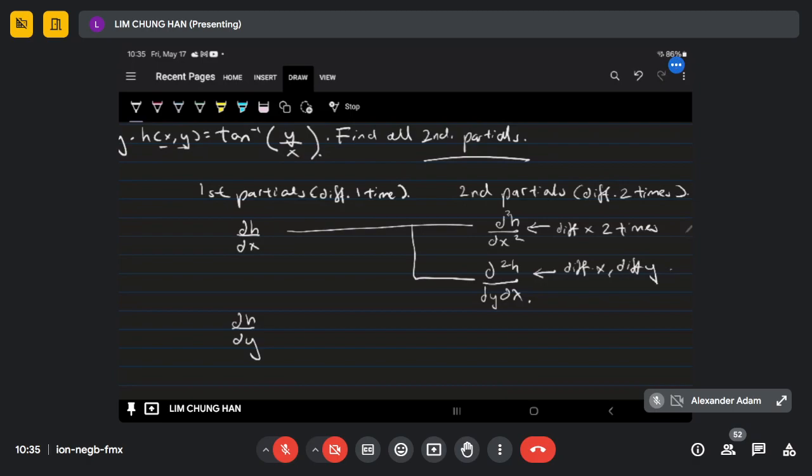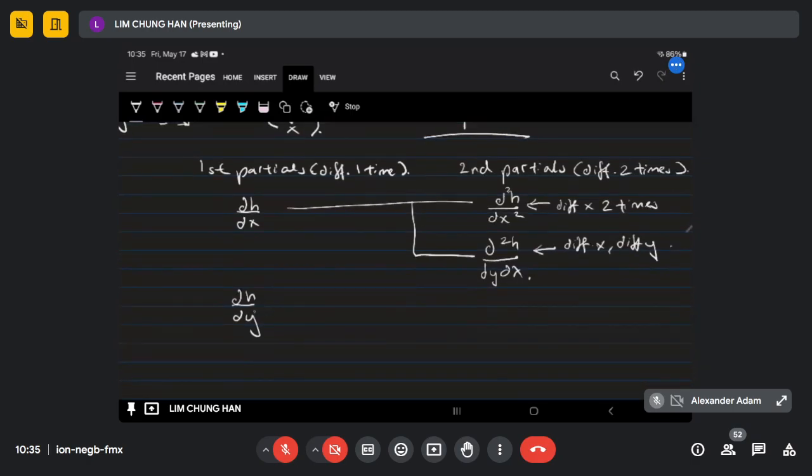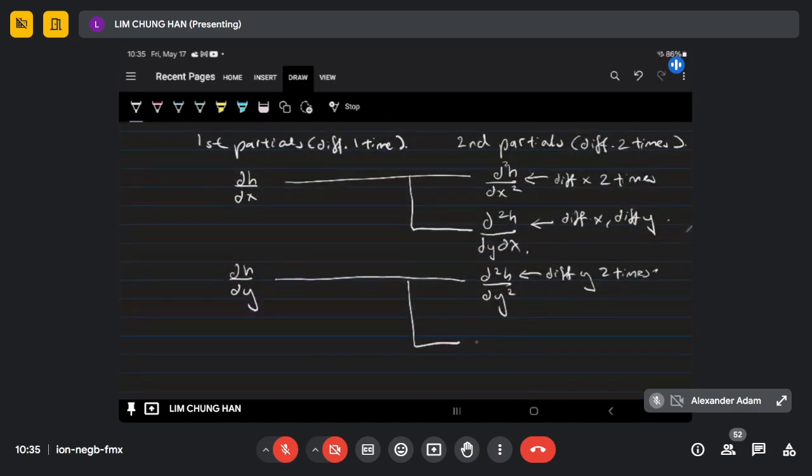The same with dh dy: you can do d squared h dy squared, which means you differentiate y two times, or you can do d squared h dx dy, which means you differentiate against y first, and then against x.